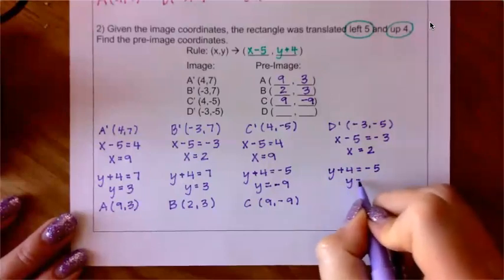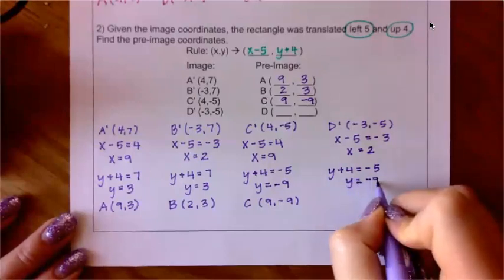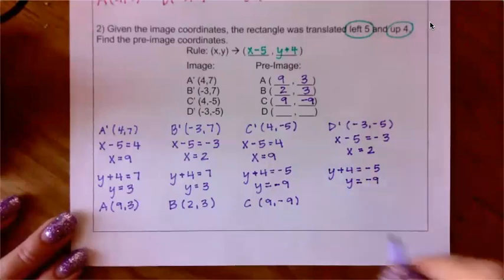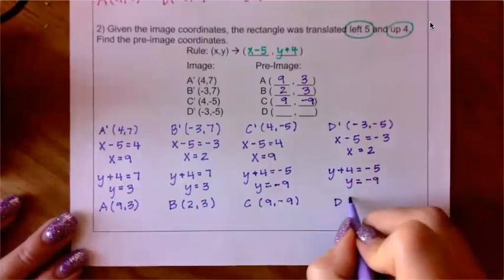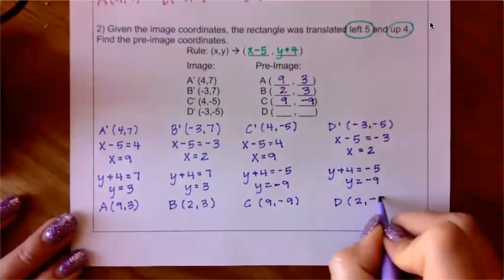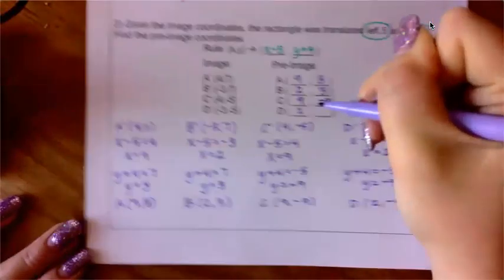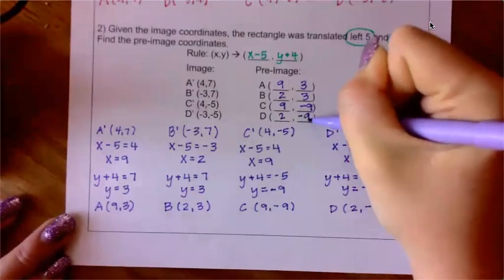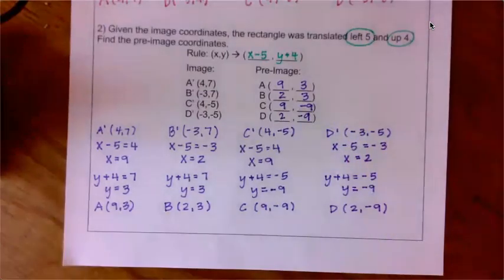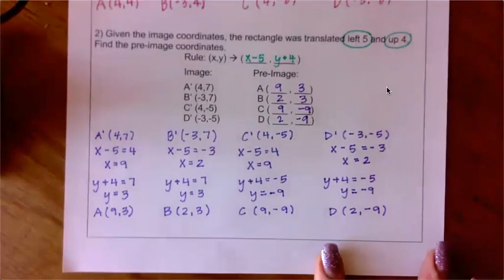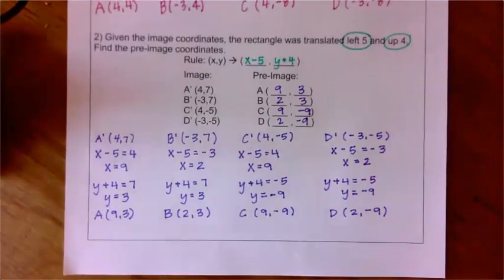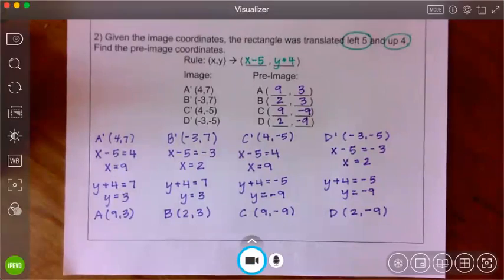Subtract 4 from both sides, y equals -9. So point D was 2, -9. That is the end of this lesson of going from the image to the pre-image.